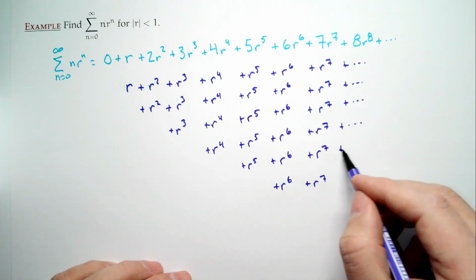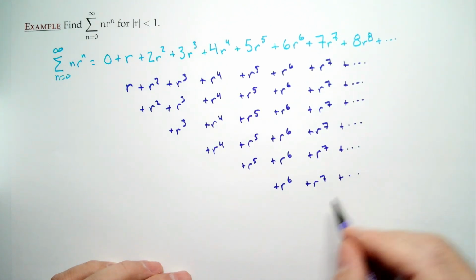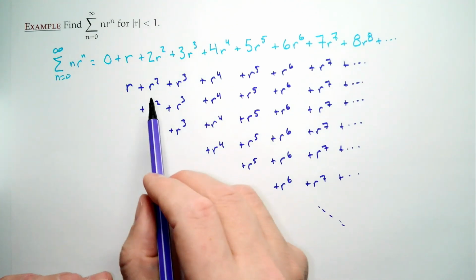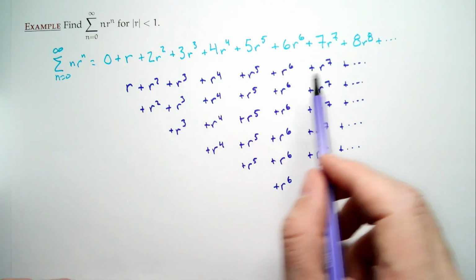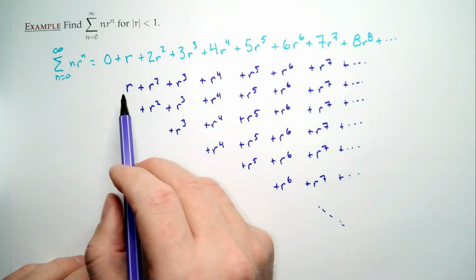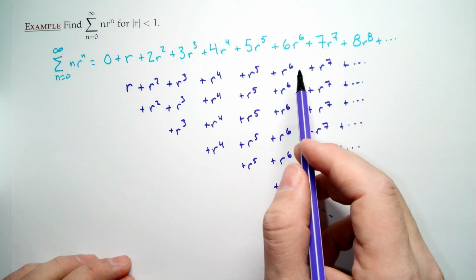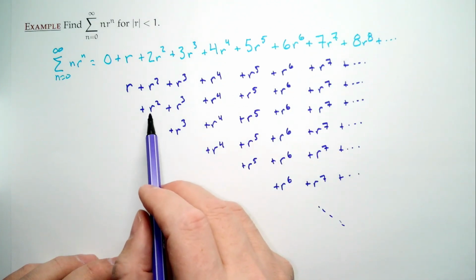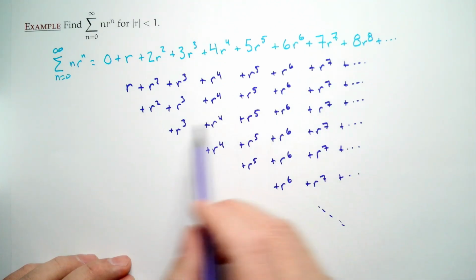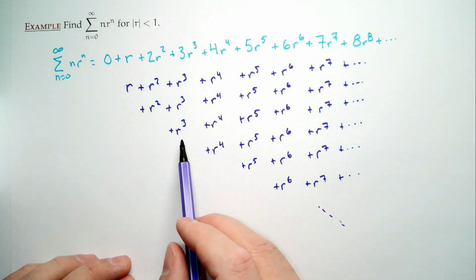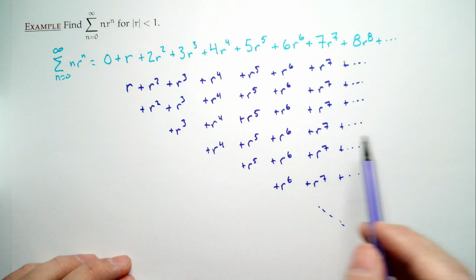Because if you look at every single line, you have r squared, r cubed, r to the 4th, and so forth. Here, it's a geometric sum: the first term is r, and every time you multiply by r. Here there's a geometric sum: first term is r squared, every time you multiply by r. Here, geometric sum: first term is r cubed, multiplied by r.